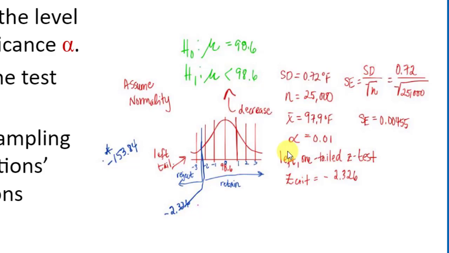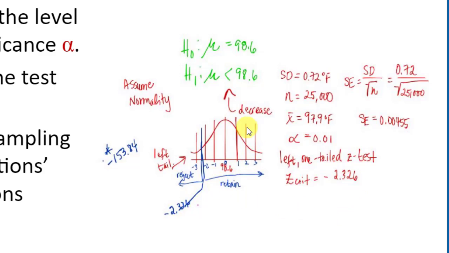So with that information, we knew we needed a left one-tailed test, and we needed to find the ZCrit for a 1% alpha for a left one-tailed test. I went into the ZCrit lookup table that is in the description box below, and we found that the ZCrit for a left one-tailed z-test with 1% alpha was negative 2.326.